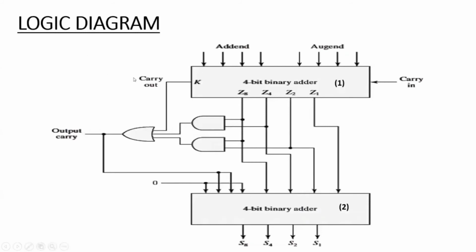We have the logic diagram. In this BCD adder, we are using two IC7483, two adders. We give input A and input B to the first adder, and the sum of these two values is given to the second binary adder.